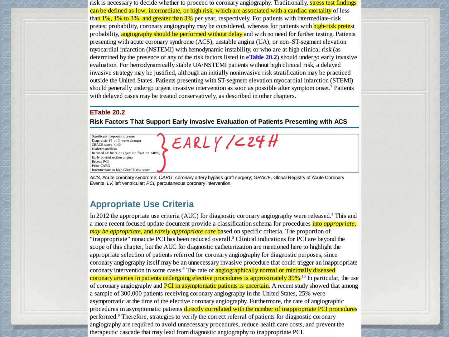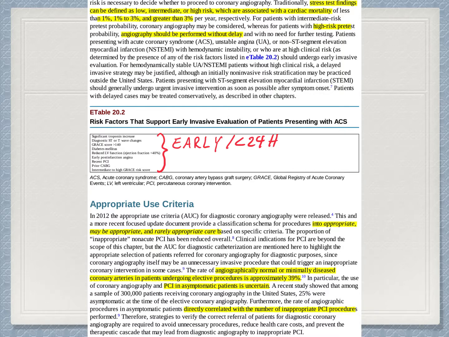There are some risk factors that support early invasive evaluation. This means less than 24 hours. For example, significant troponin increase, a diagnostic ST or T wave change, a GRACE score more than 140.